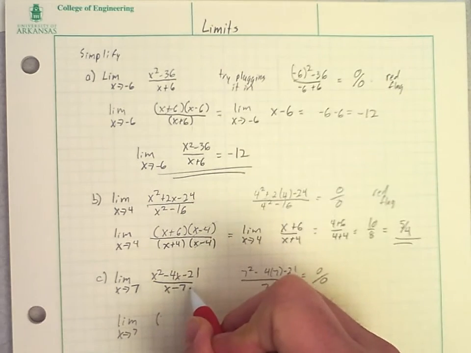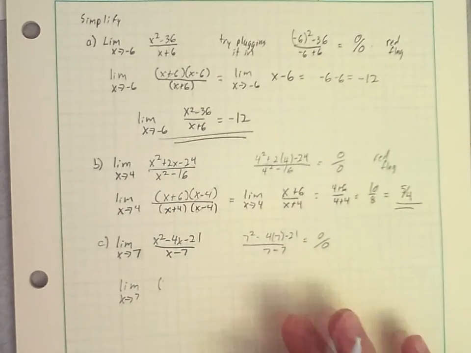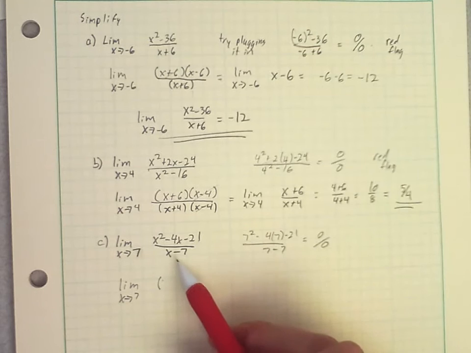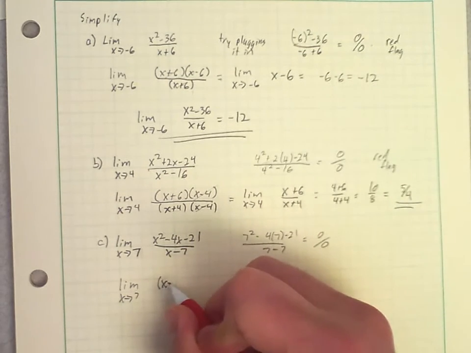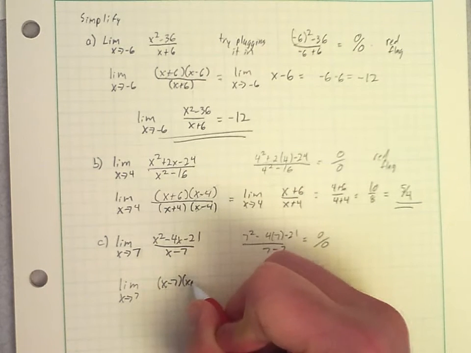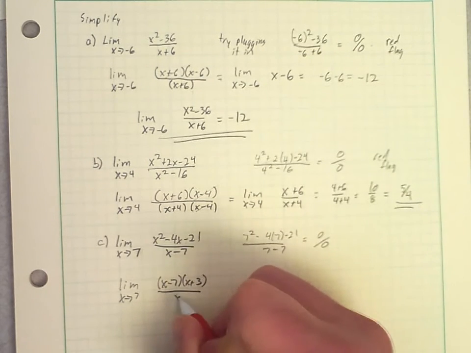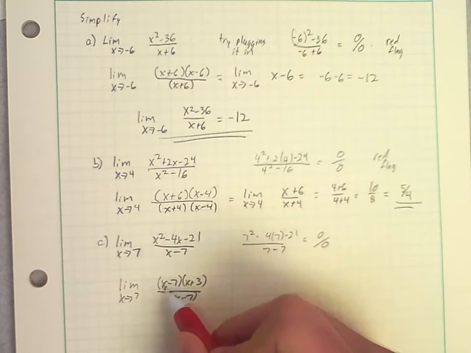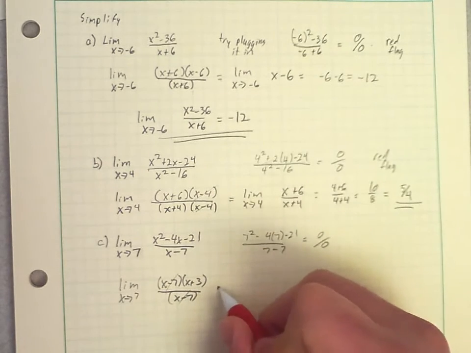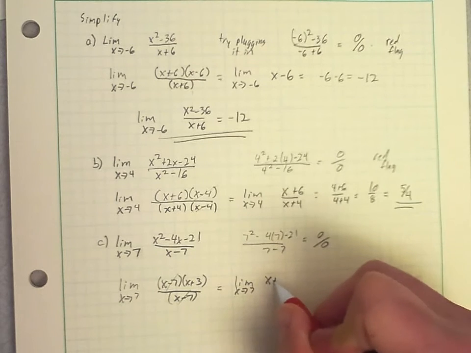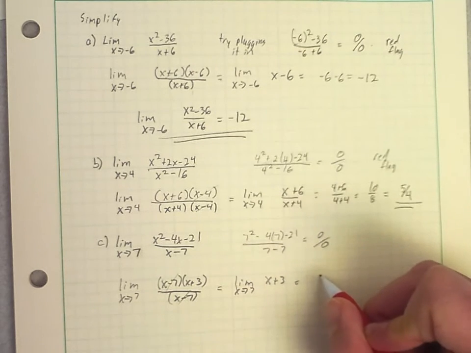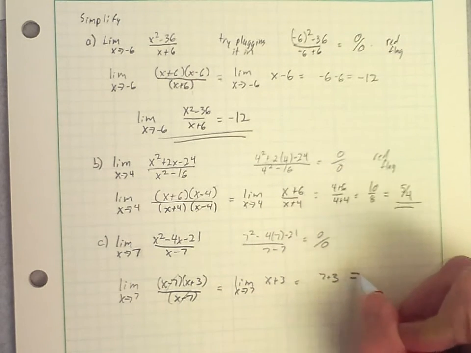We need factors of negative 21 that add up to negative 4. That gives (x minus 7)(x plus 3) over (x minus 7). We can cancel a factor, so we have the limit as x approaches 7 of x plus 3, which we can plug in: 7 plus 3 equals 10.